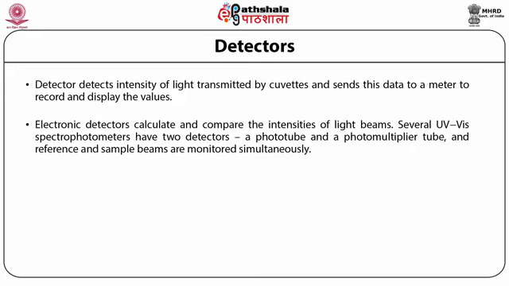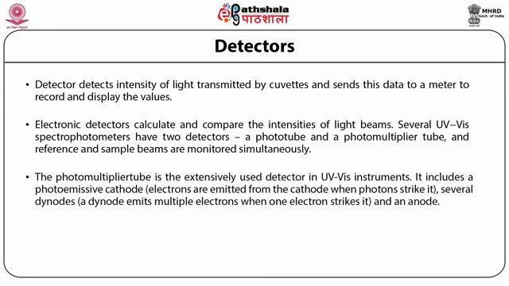Several UV-Vis spectrophotometers have two detectors, a phototube and a photomultiplier tube, and reference and sample beams are monitored simultaneously. The photomultiplier tube is an extensively used detector in UV-Vis instruments.